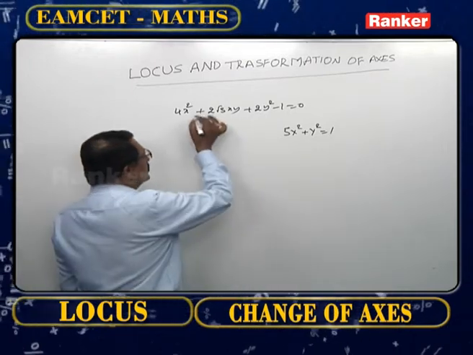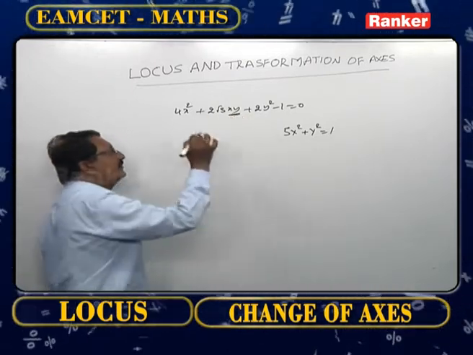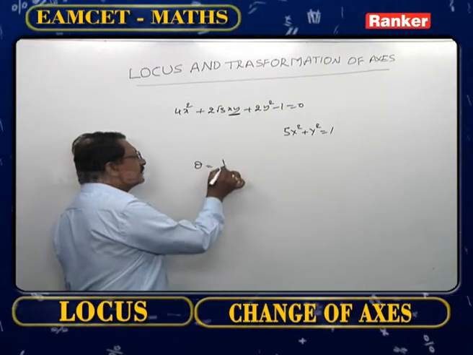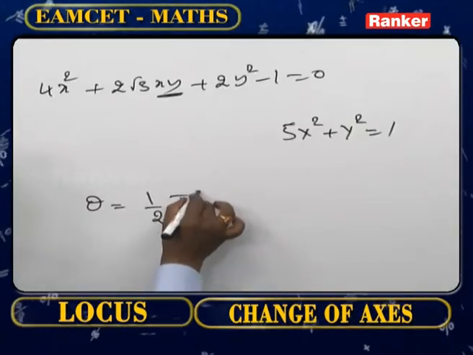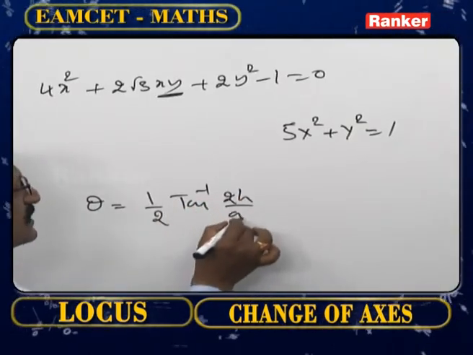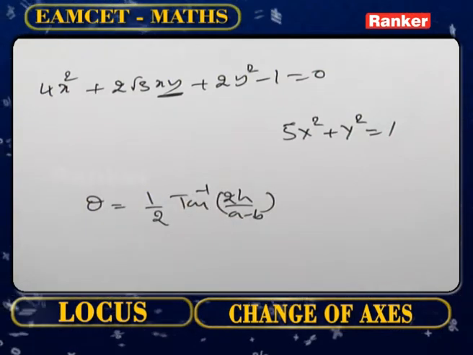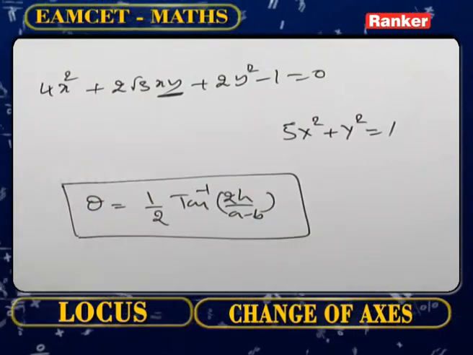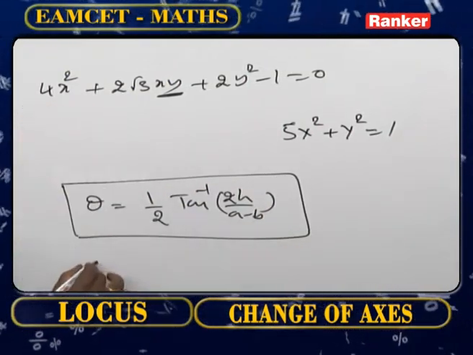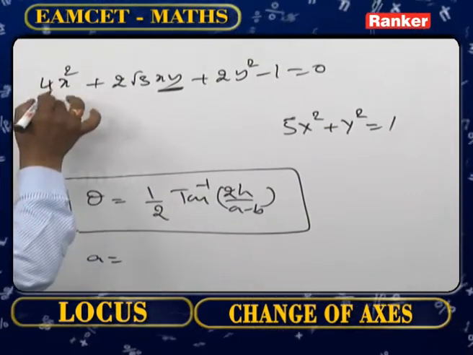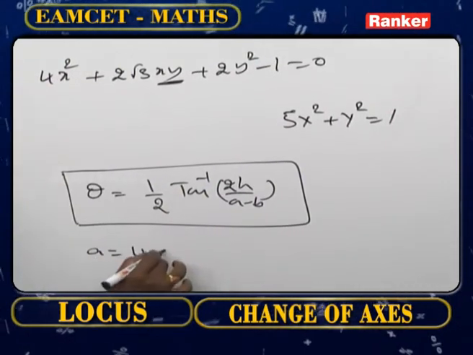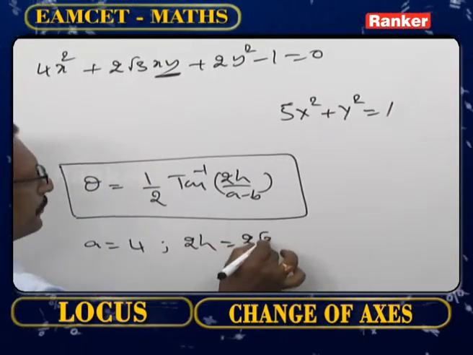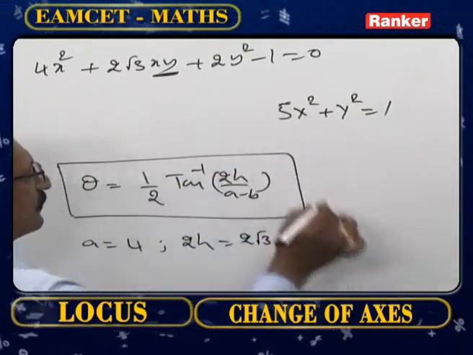Now, in the transformed equation the XY term is missing, then the axes are rotated through an angle theta equals half tan inverse of 2h by (a minus b). Here, in the given equation, a is the coefficient of x square, that is 4, 2h is the coefficient of xy, 2 root 3, and b is the coefficient of y square, 2.